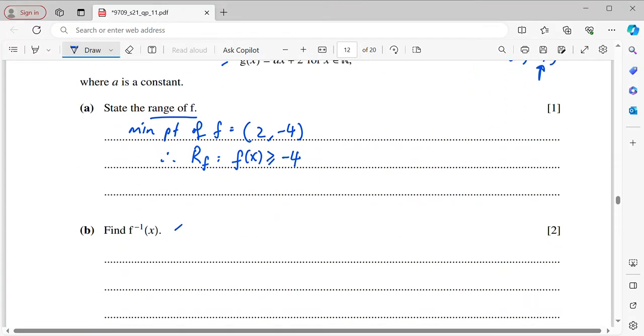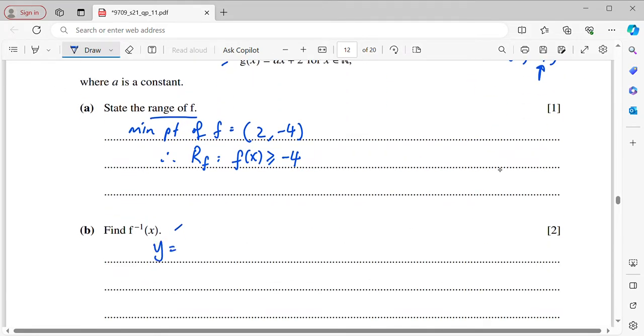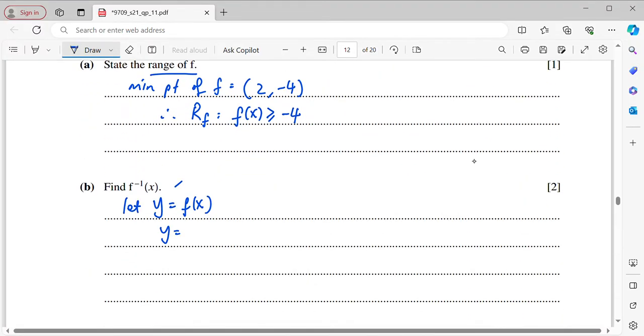Now b, find the f inverse. So just let it be y first for the fx. So y equals fx. Then y equals x minus 2 squared minus 4. And now get x as the subject, which means now x minus 2 squared will be y plus 4. So x minus 2 will be plus minus square root of y plus 4.